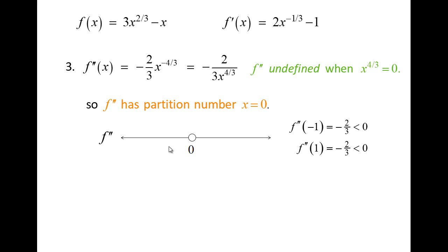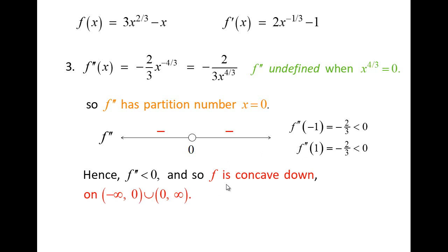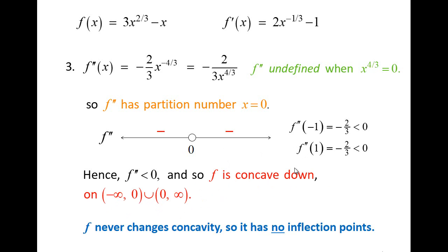So f double prime is negative up to 0 and also after 0. We can say that f is concave down from negative infinity to 0, and it is also concave down from 0 to infinity. So f never changes concavity, so it has no inflection points.